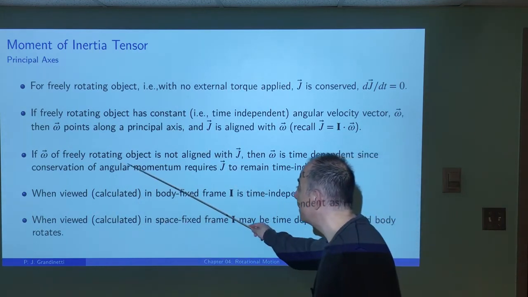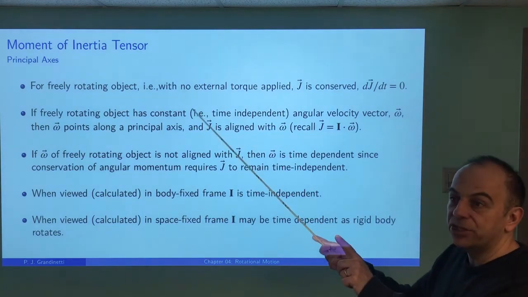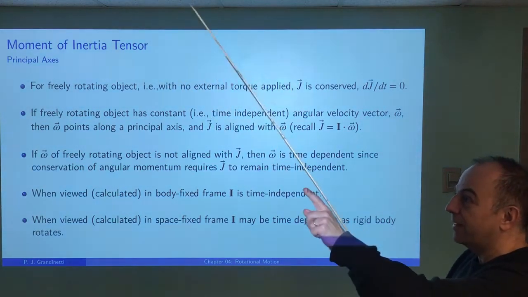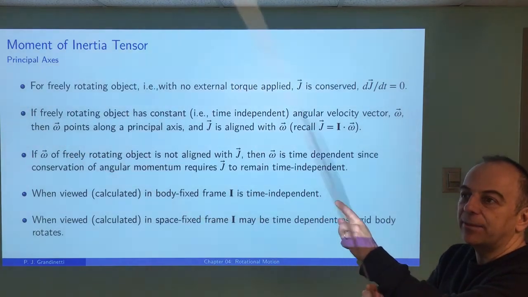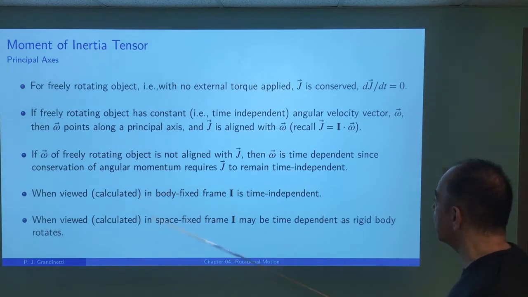Conversely, if it's a freely rotating object and omega is not aligned with J, then J is constant, so omega has to move with time in order to maintain J in the same direction all the time.